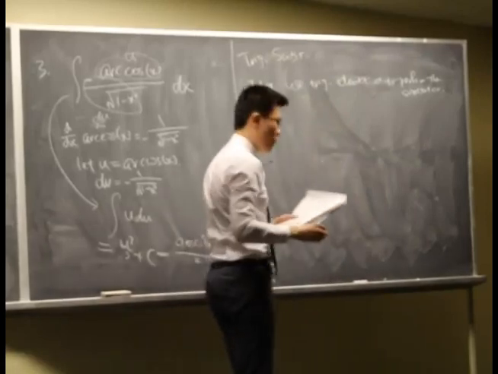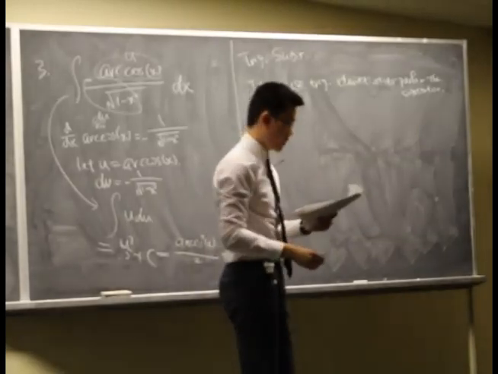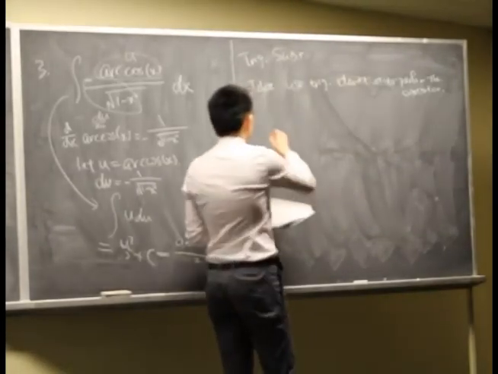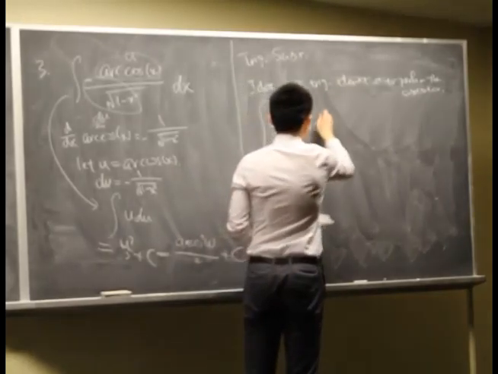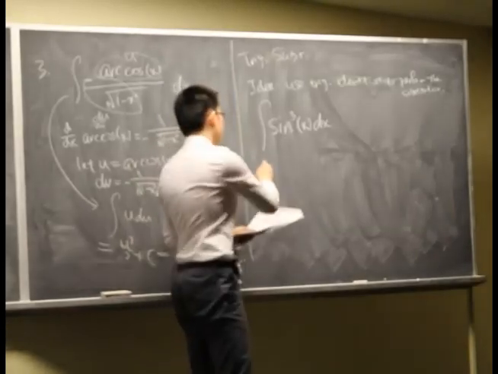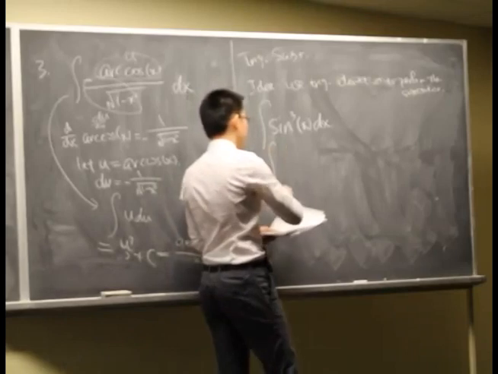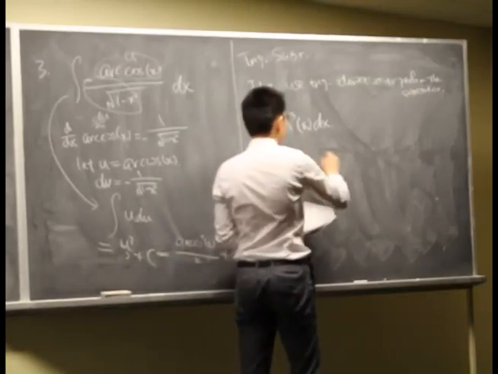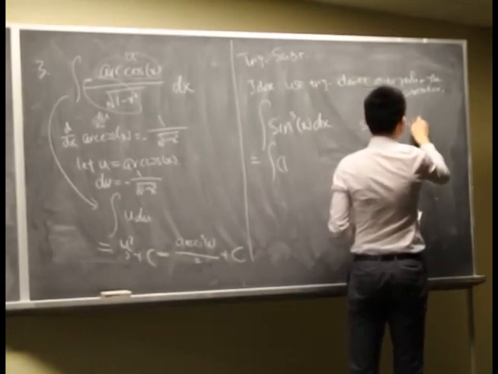And I'm going to give you a very simple case here where the integrands are actually trigonometric functions themselves. So let's try to do the integral of sine cubed. In this situation, we use the trigonometric identity that sine squared is equal to 1 minus cos squared.